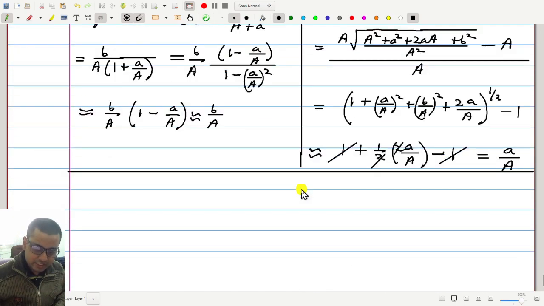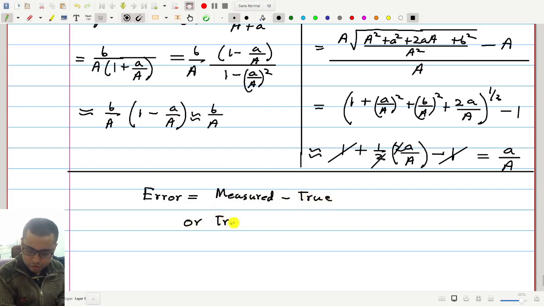So your question is error equal to measured minus true, or true minus measured? No, so I am talking about relative error. So that we will take the magnitude.